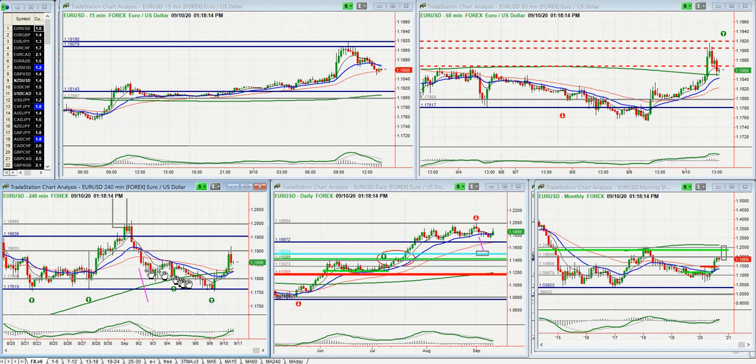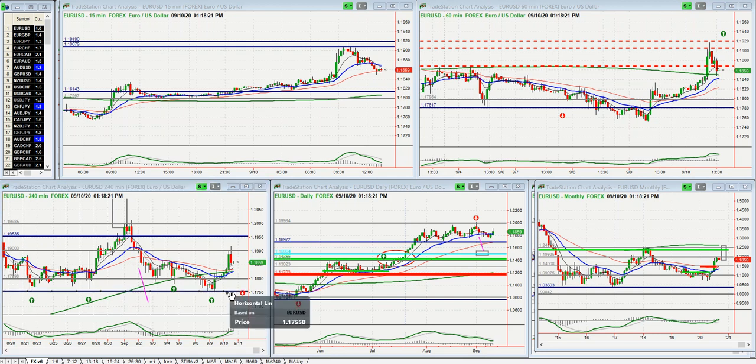We have these stop run levels, and whenever price is able to push below this level, that becomes the important level. Then we might see the 21 give way on the daily, and we might drop quickly to the 115 level, which is in line with the weekly and the monthly.